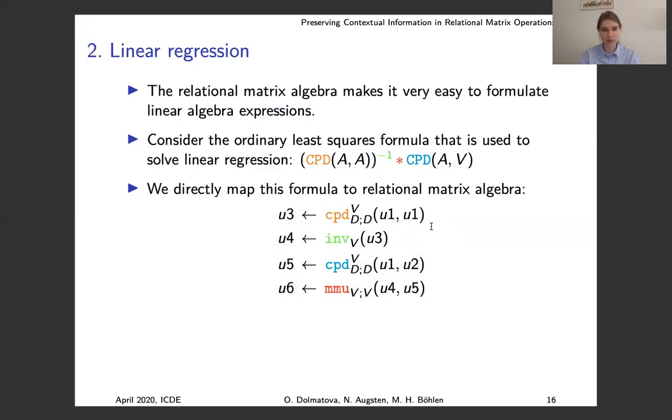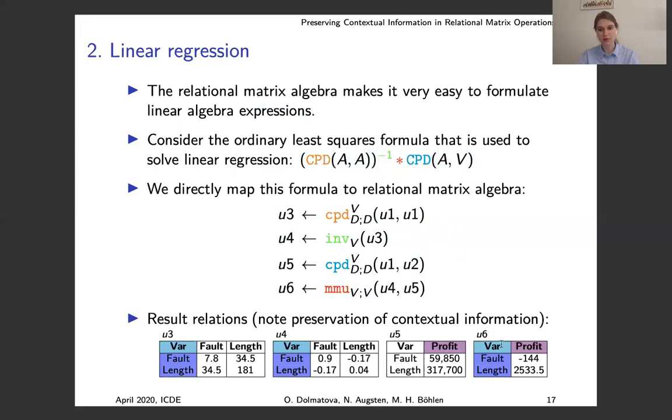So now look at the result relations and the final result of linear regression computation, U6. This is a good result relation because it has a proper schema and it has a non-numeric attribute V. Because of these values, we can say that 144 denotes the number of dollars decreased from the profit for each % of scrap.